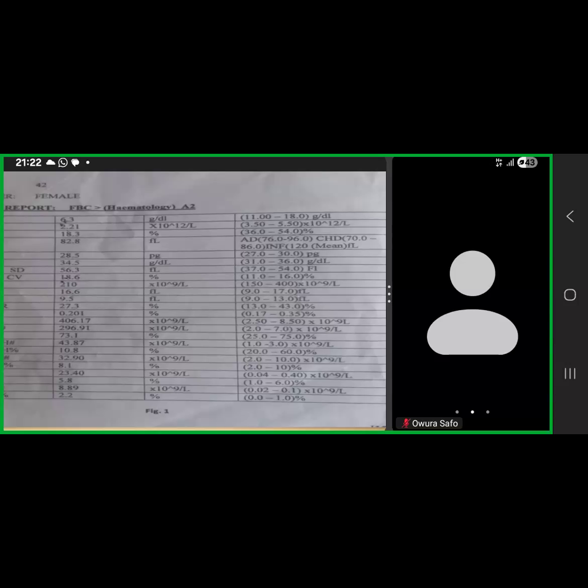We have told you over and over again, screening tests, confirmatory tests, etc. Once you comment on these results, red cells, white cells, platelets, you want to tell us your expectation when you examine a peripheral blood. Is it going to validate the results, or is it going to contradict the results?